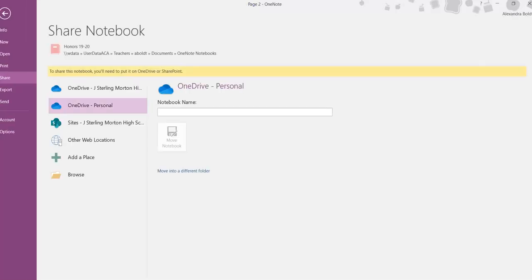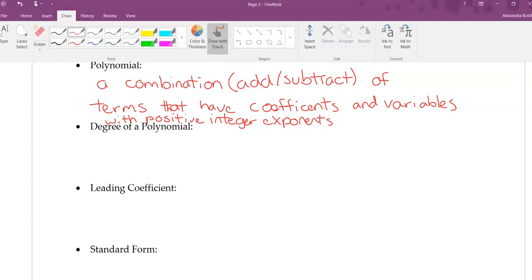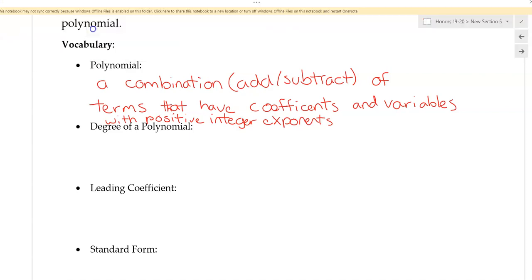The degree of your polynomial is the greatest exponent in any term.